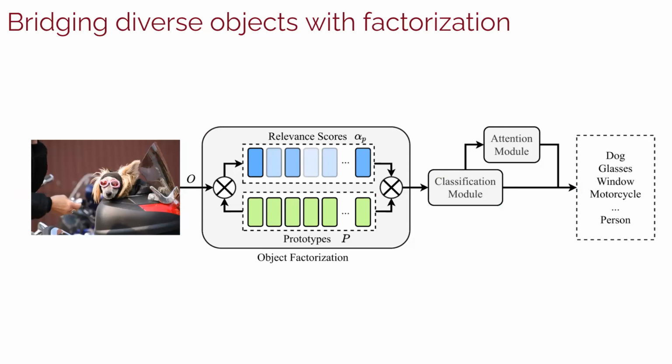In this way, we are able to represent a variety of objects within a common space formulated by the prototypes. Note that here, we consider the multi-label object recognition task where multiple objects appear together in the same image, which will facilitate the correlation between diverse objects.